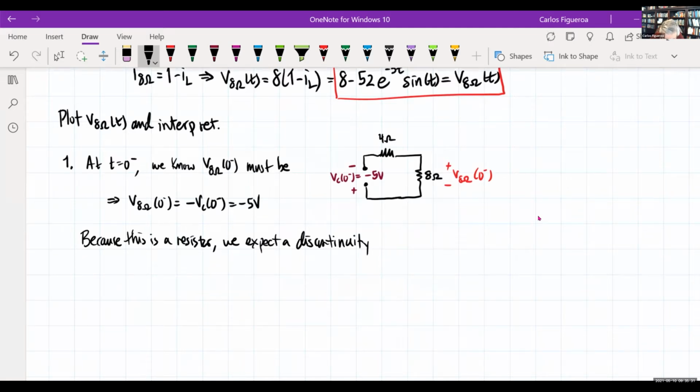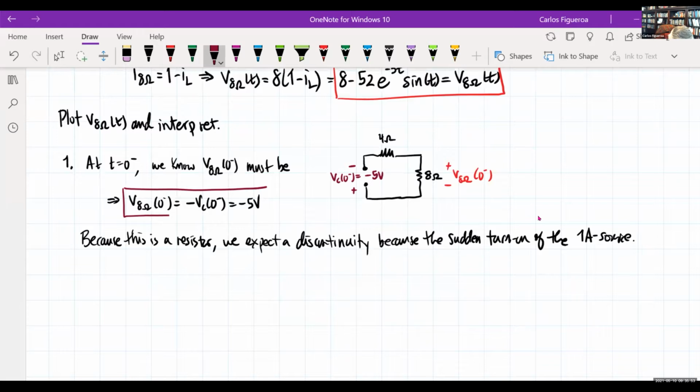Okay, a discontinuity because of the sudden turn on of the 1 amp source, right? It's a dramatic change.